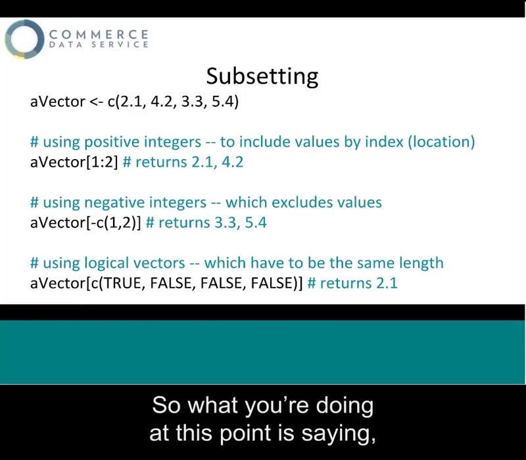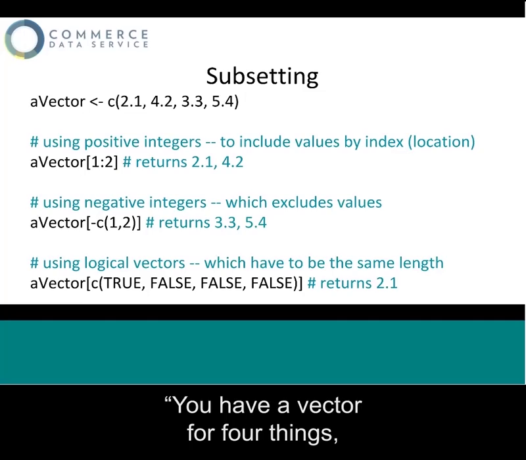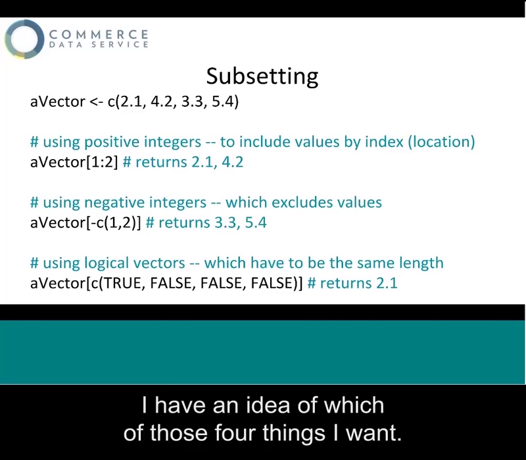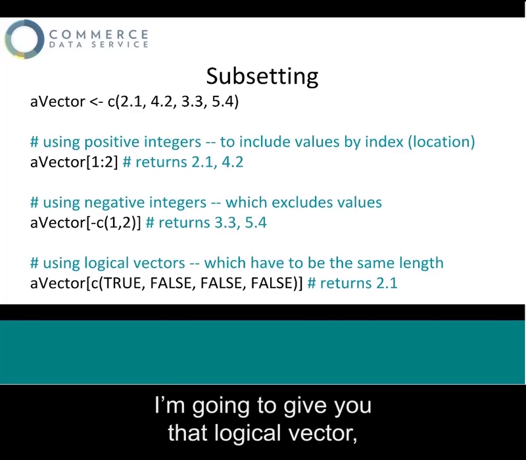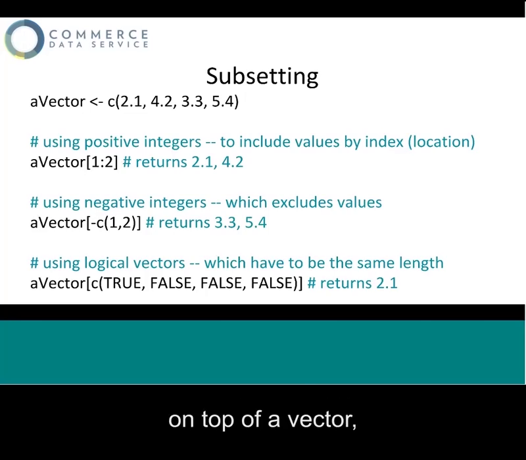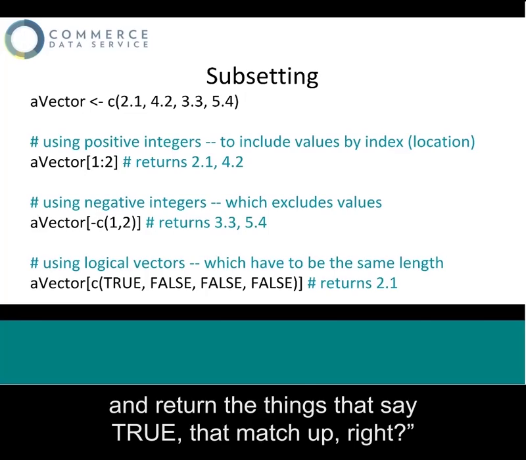So at this point you're saying, you have a vector of four things, and I have an idea of which of those 4 things I want. I'm going to give you that logical vector, and you're going to superimpose it on top of the vector and return the things that say true, that match up.